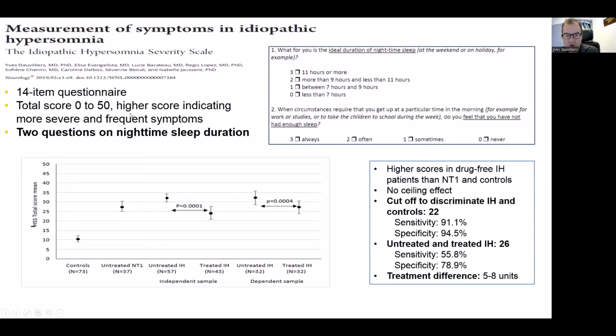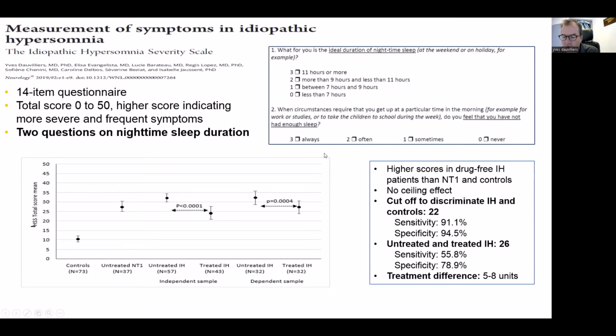So there are 2 questions on nighttime sleep duration, as I discussed, just 2 examples about the ideal duration of nighttime sleep, above 11 hours, above 9 hours, and also whether the circumstances of your daily life let you get enough sleep or not. Do you have enough sleep? And you can quantify that.